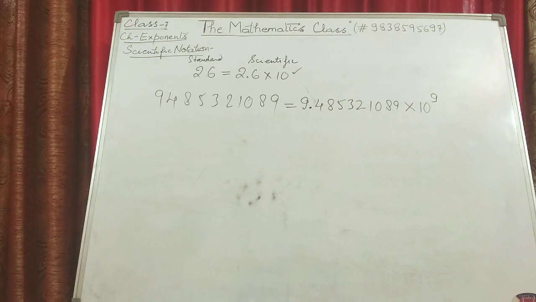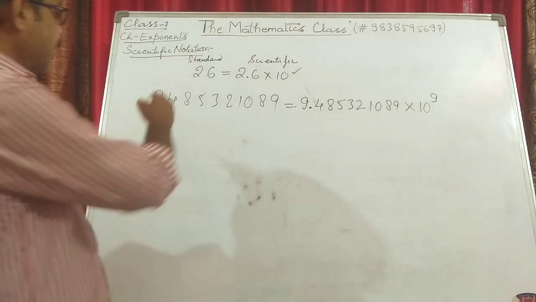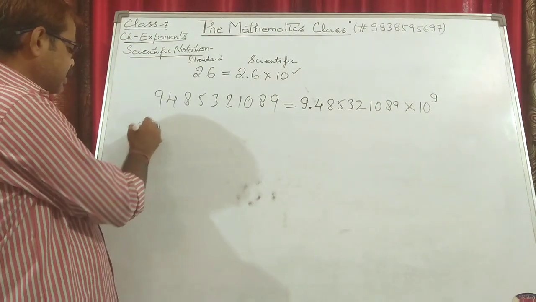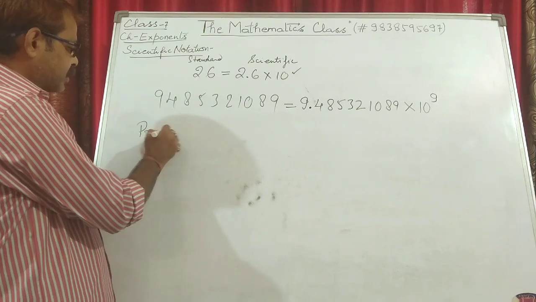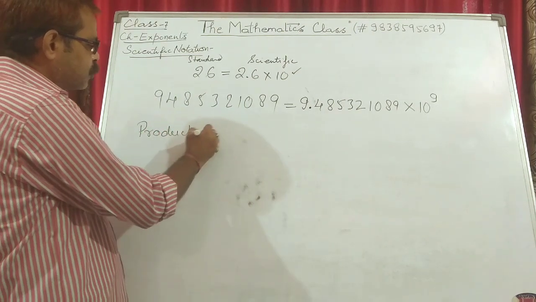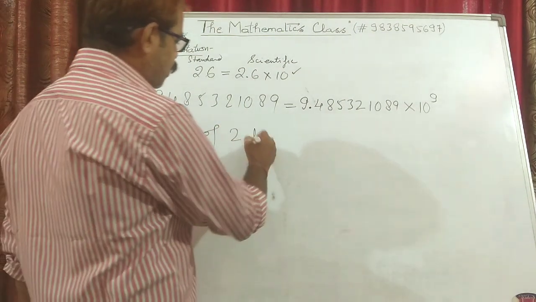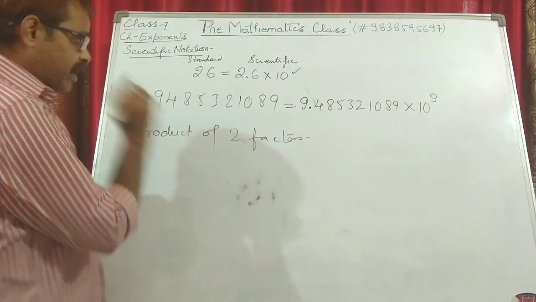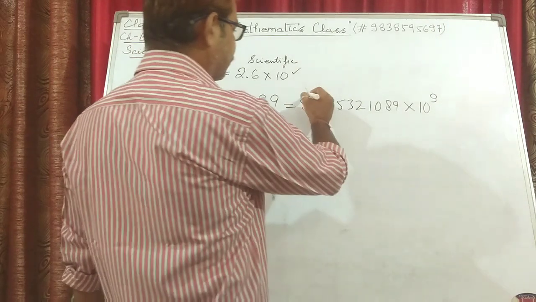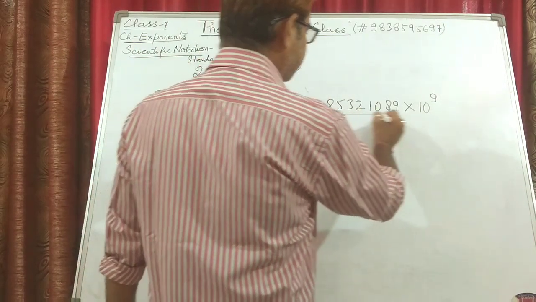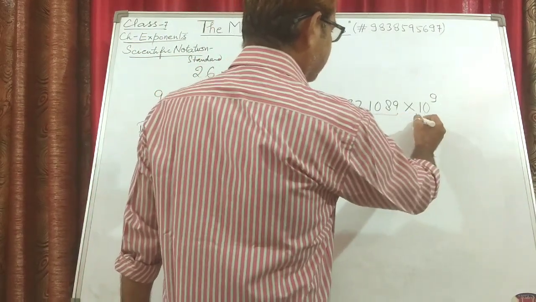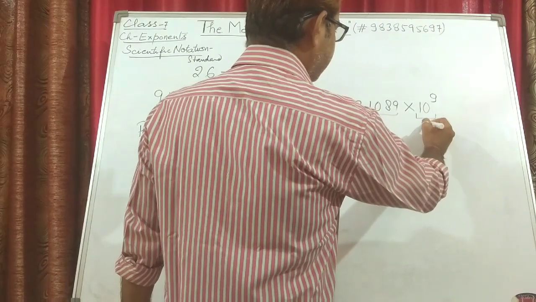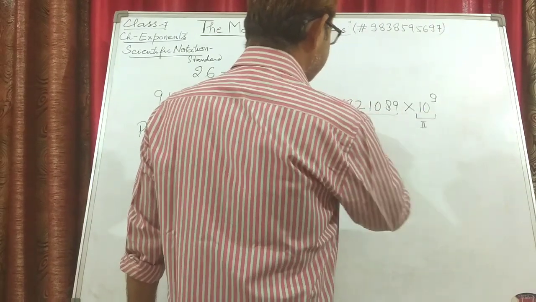Now, what is the meaning of scientific notation? Scientific notation is basically a product of two factors. This can be considered as the first factor and this as the second factor.